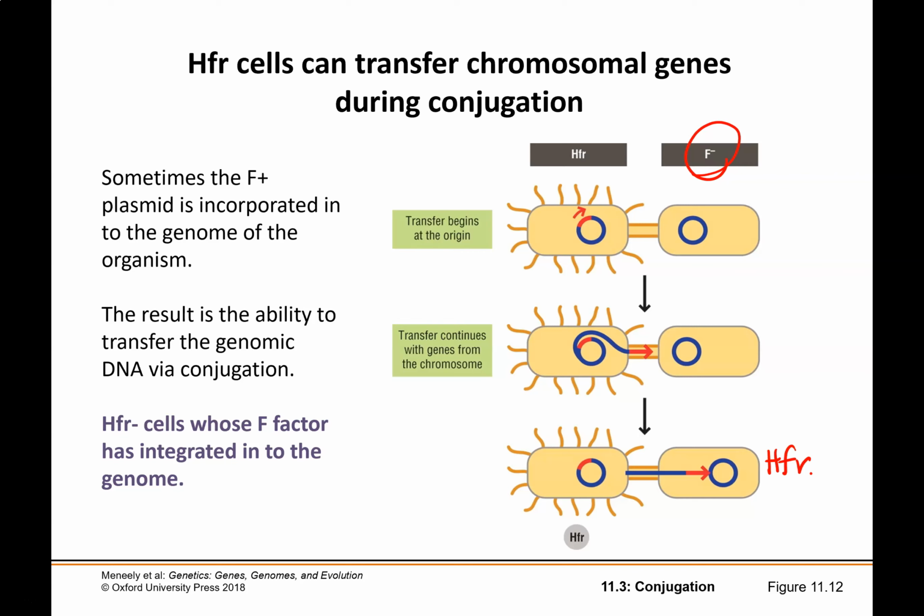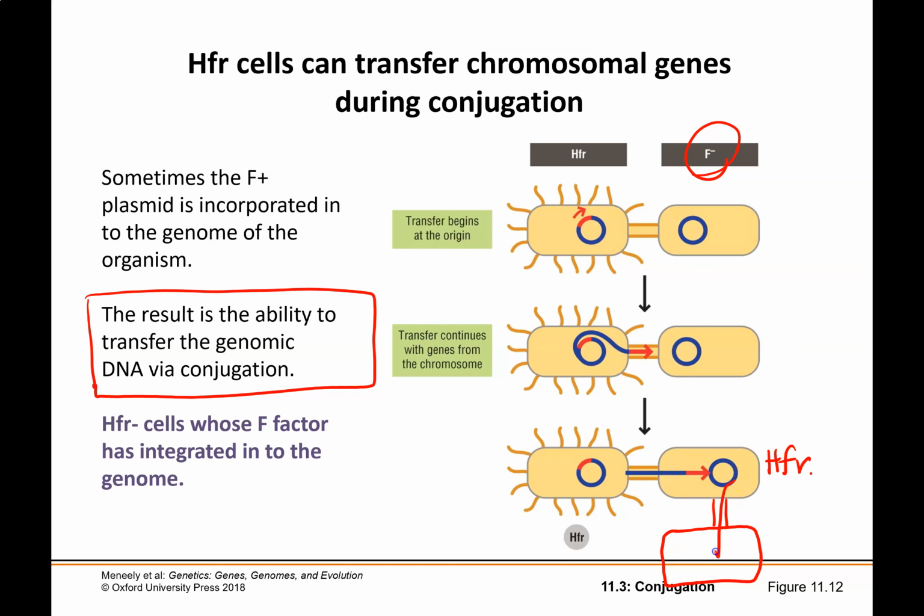The important thing here is that this gives the cell the ability to transfer genomic DNA via conjugation. So this cell can now conjugate with another cell and transfer its DNA into that cell. It allows for this continuous passage of genes from one cell to another.